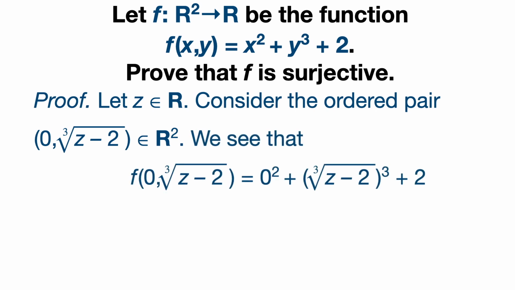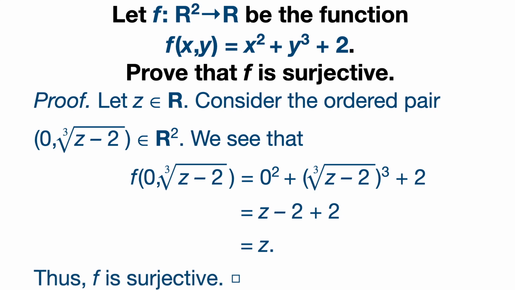When we plug that element into the function, we get 0 squared plus the cube root of z minus 2, quantity cubed, plus 2. When we cube the cube root, we get z minus 2. Then the 2 and the negative 2 cancel, leaving just z. And therefore, we conclude that our function f is surjective.